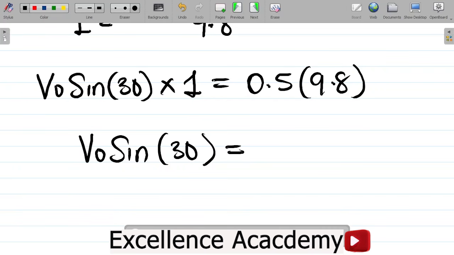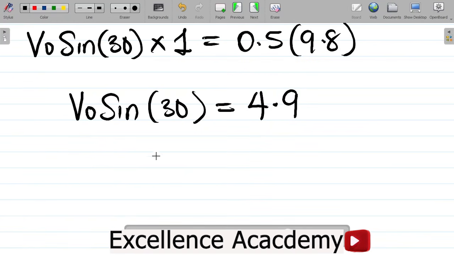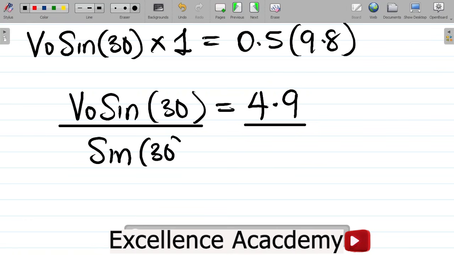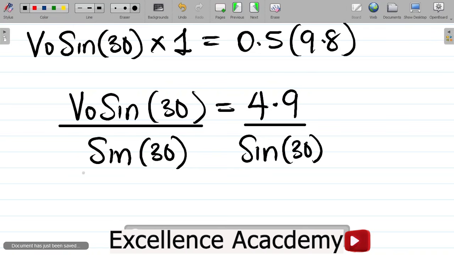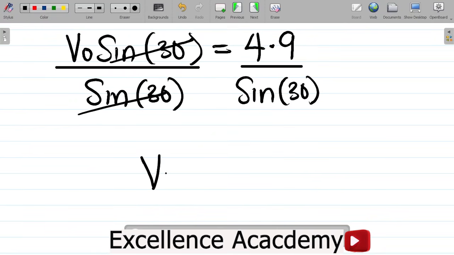That's simply taking half of 9.8, which is about 4.9. To get the value of V naught, I'll divide both sides by what is attached to V naught, which is sine of 30. So this cancels. We'll have that V naught is equal to 4.9 divided by sine of 30, and that gives about 9.8.